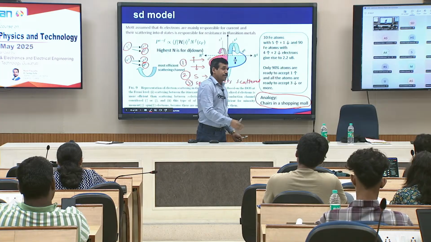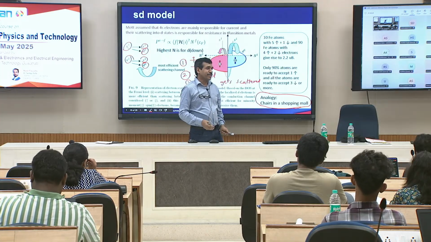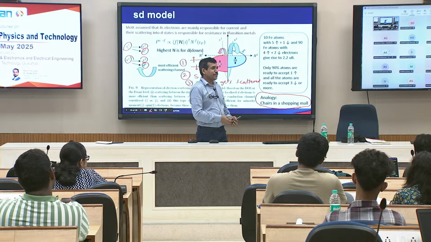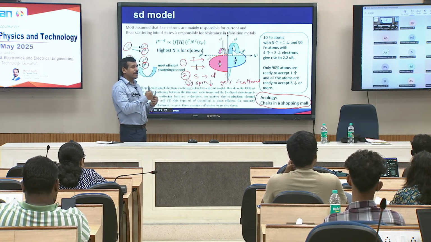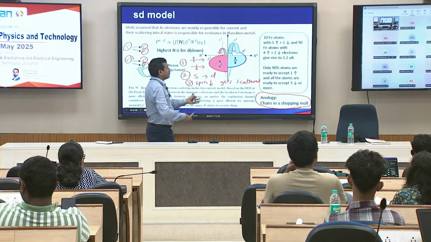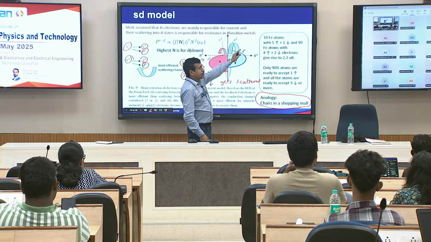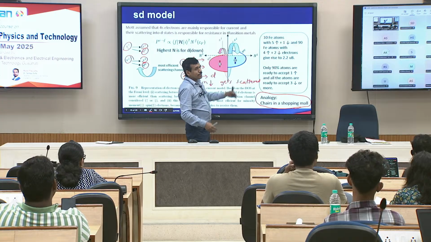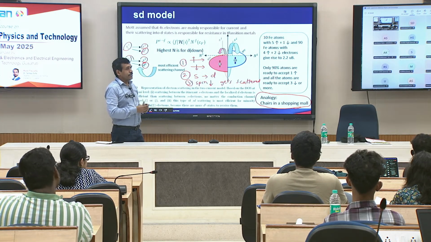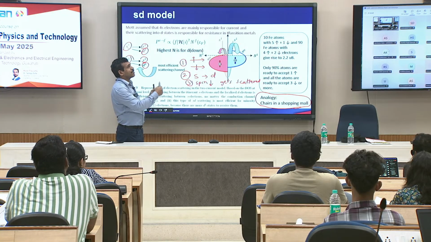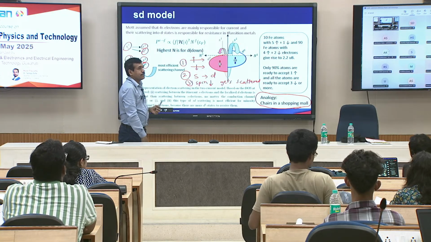On the other hand, if you find that many chairs are vacant, probably you will sit down and take rest, right? Similar sense. If electrons find some states available, they may get scattered into them, but if there are no states available, they will keep moving. So, resistance is high when the electrons do not flow, right.